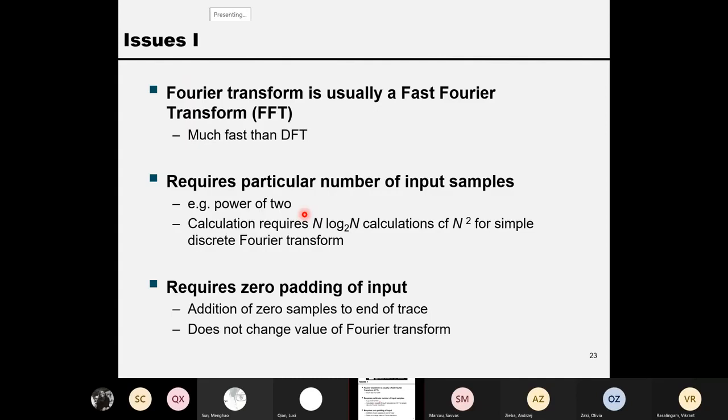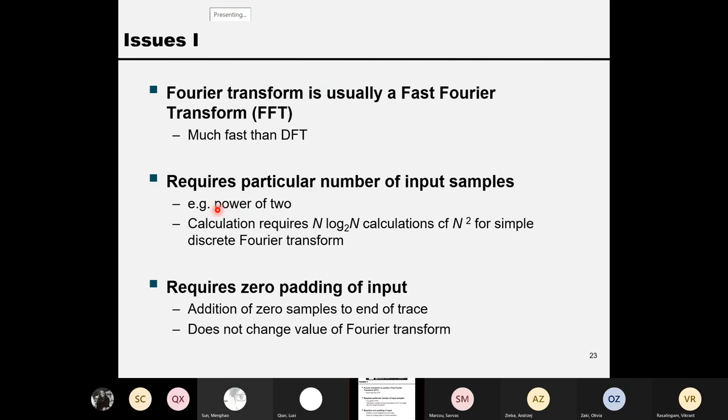If the length is exactly a power of 2, as I said, the original calculation needs n squared operations, but now you only need n multiplied by log base 2 of n. So it's a very much simpler calculation. Well, much faster.